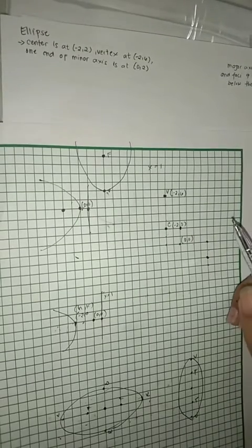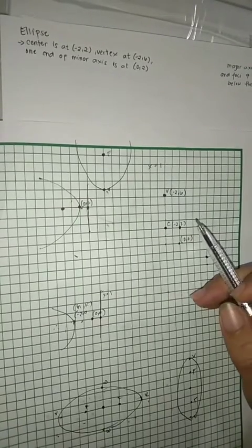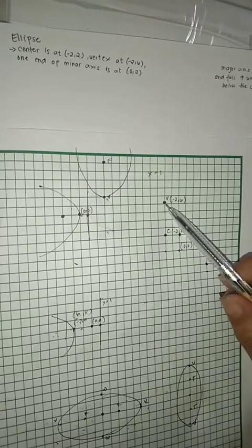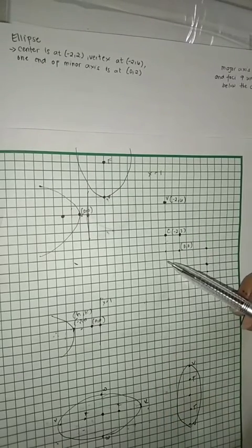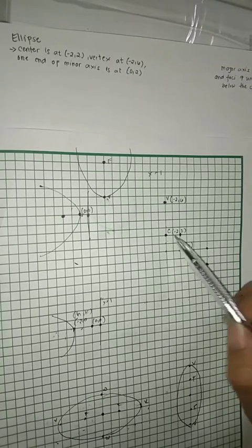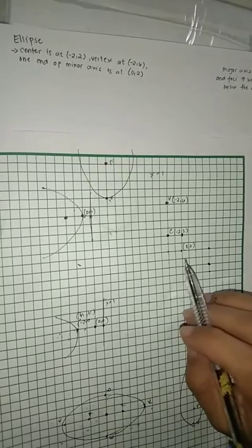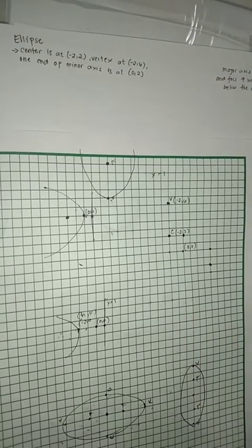By the way, the length of a is the distance from the center to the vertices, and b is the distance from the center to the co-vertices. Okay, let's start with the given.